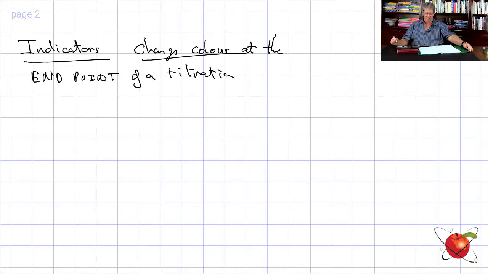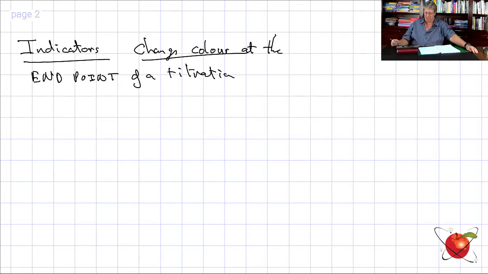The first ones that we did is we used litmus paper. Remember the pink and the blue ones? They changed color. That is an indicator. It's a color change thing. It's essentially like a dye, isn't it really? It changes color as things go. So that's the indicators there. We're going to get on to what indicators we're going to use in a minute.